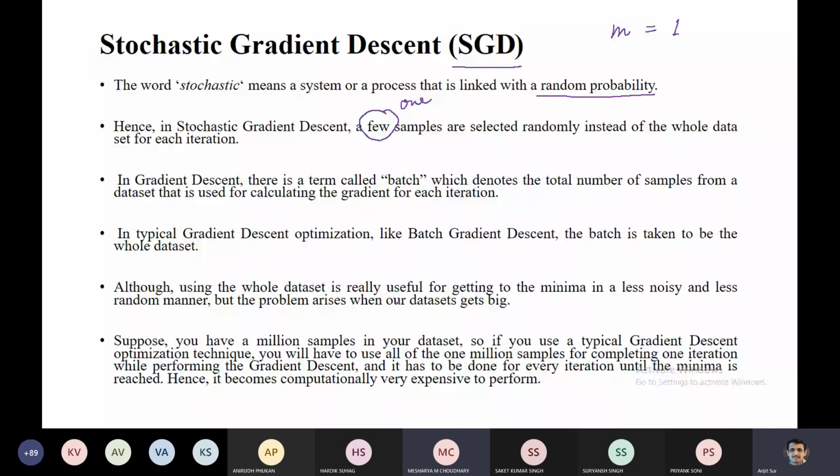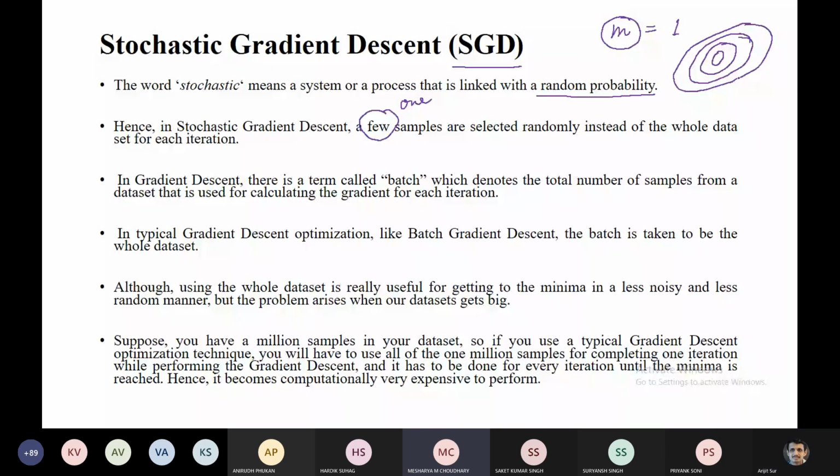So definitely, in gradient descent we consider all samples from the mathematical point of view. If you remember, this is the contour, and gradient descent means what?